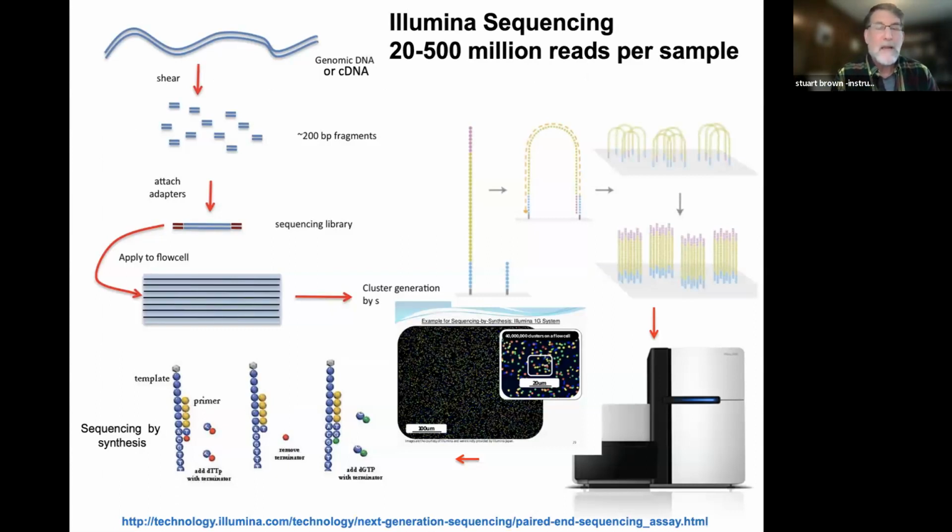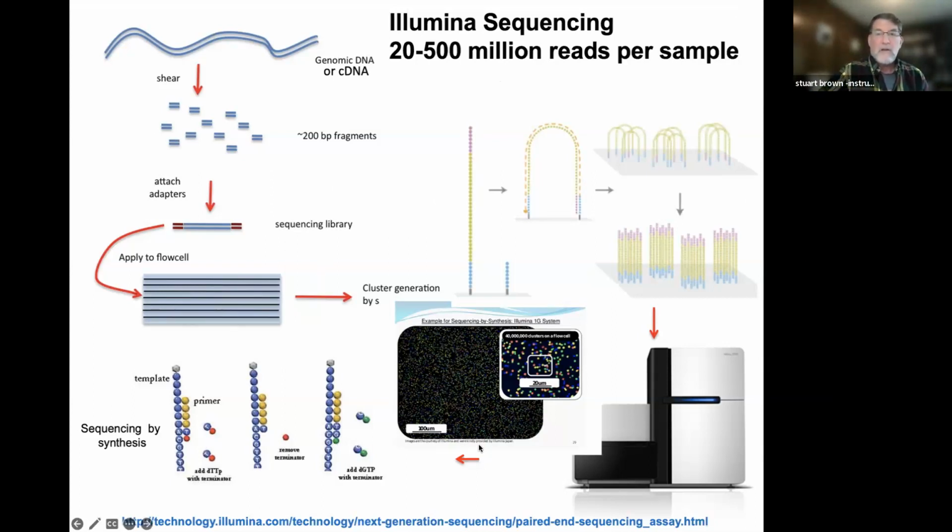So instead of taking one piece of DNA and amplifying it up enough so that you get enough signal to read the bases as they're added one by one, the entire target DNA, which might be the genome or might be cDNA made from RNA, is chopped up into pieces of an appropriate size and then all sequenced at once by spreading them out on a surface.